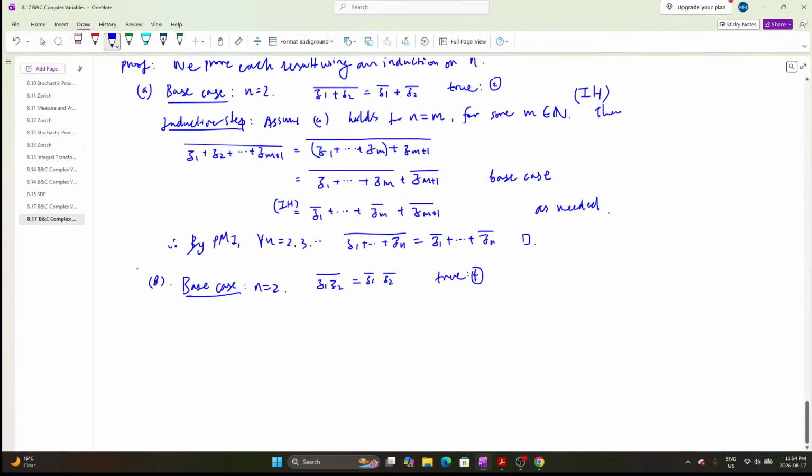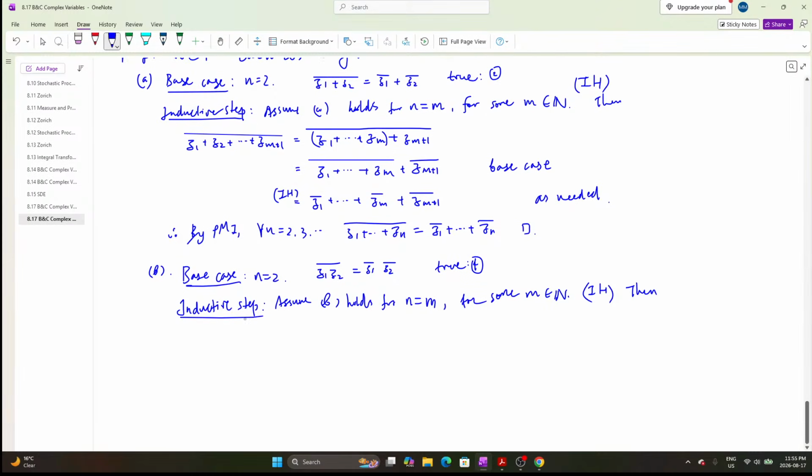Okay, and now let's do the inductive step. Assume B holds for n equals m, for some m in big N. This is our induction hypothesis. Then what we have is the following.